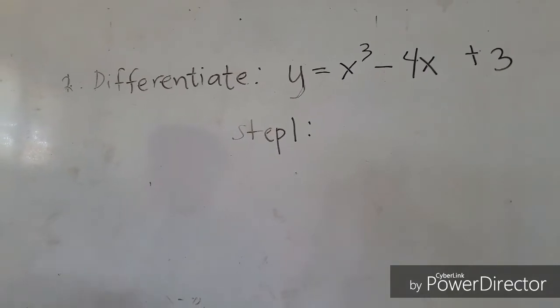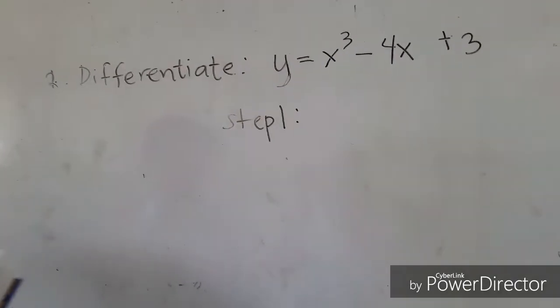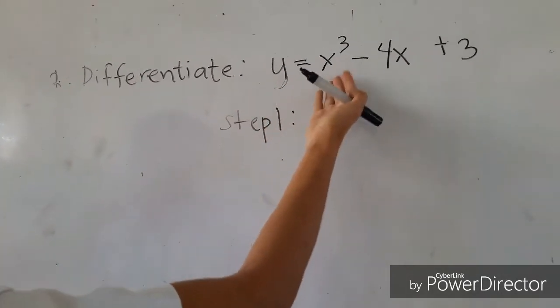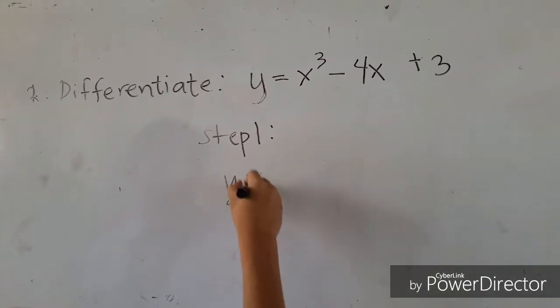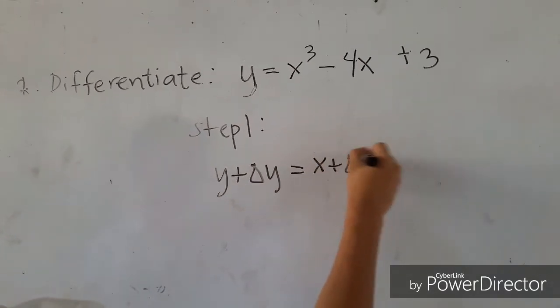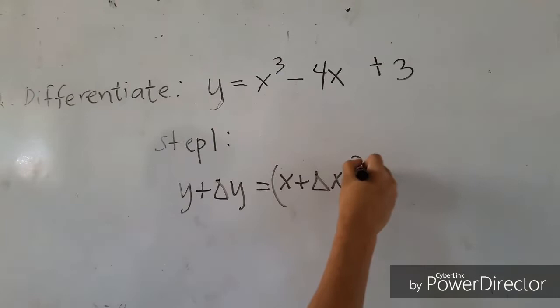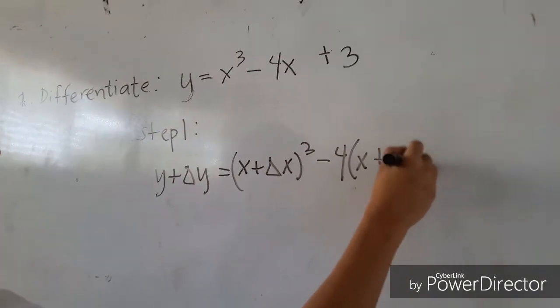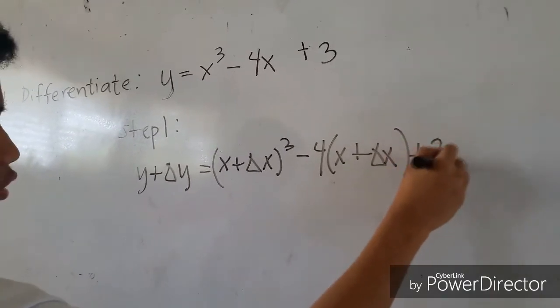Example number 2. Differentiate y equals x cubed minus 4x plus 3. So step 1. In the given equation, replace y with y plus delta y and x with x plus delta x. So y plus delta y equals (x plus delta x) cubed minus 4(x plus delta x) plus 3.